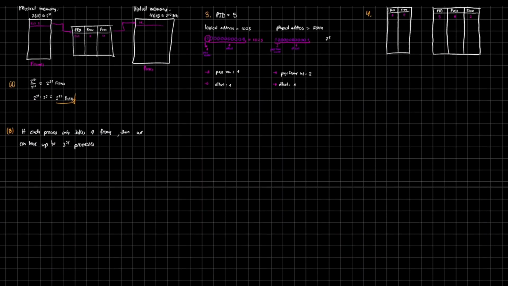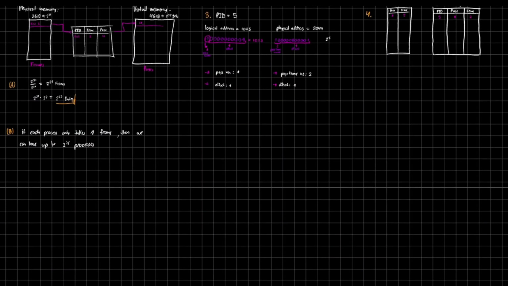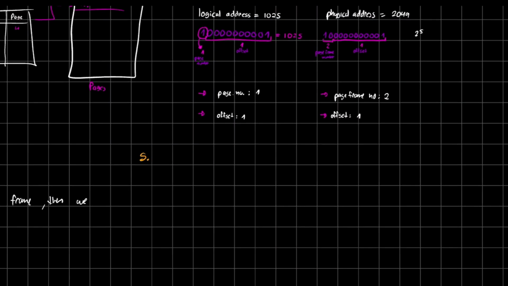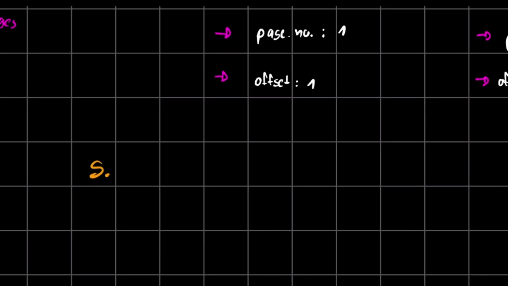So in this case, what a computer normally does, let's go right here, exercise 5, is we have reference bits.